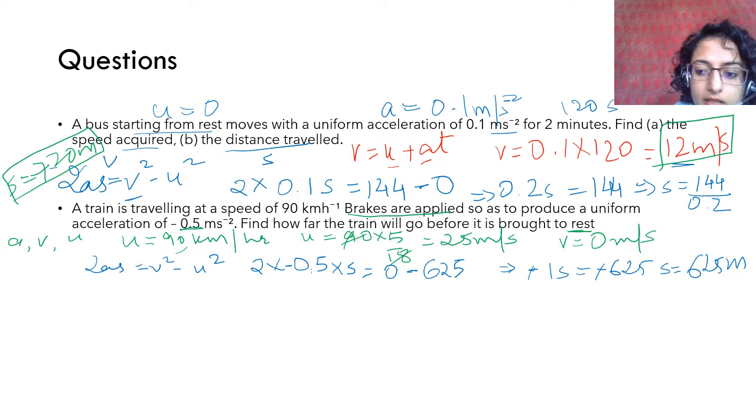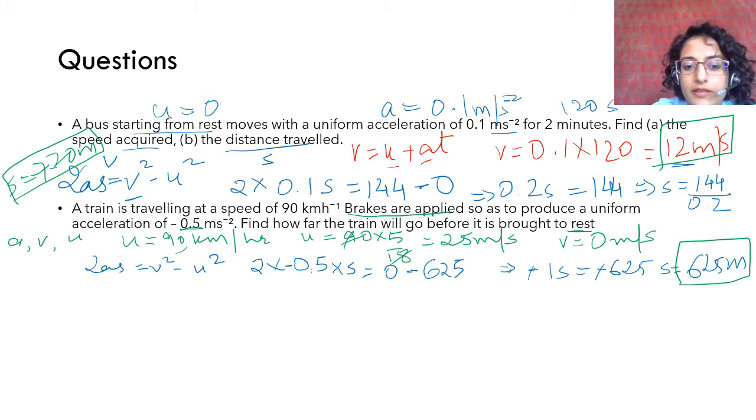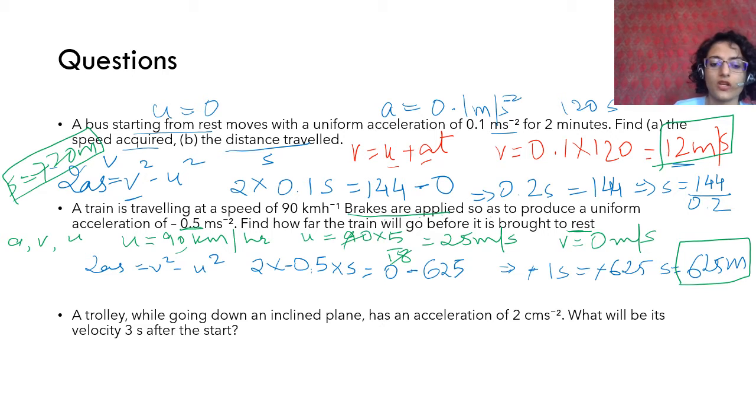This is how much the train has traveled until it is brought to rest. These are simple questions, actually given somewhere in the middle of your book, and I'm solving them here so that you can revise all of those points.